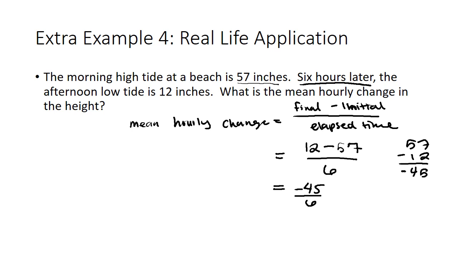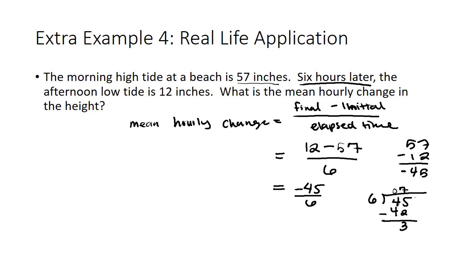Now again, as we look at this, 6 is not going to go into 45 evenly. 6 goes into 42 evenly, and 6 goes into 48 evenly. So what we can do is divide this out using long division. So 6 goes into 4 0 times, 6 goes into 45 7 times, so this would be 42, and this would bring down a 3.